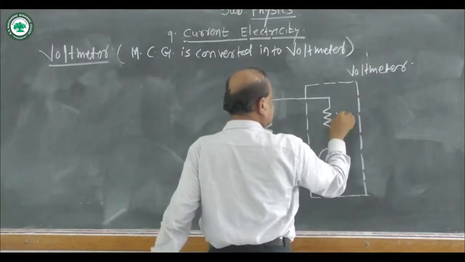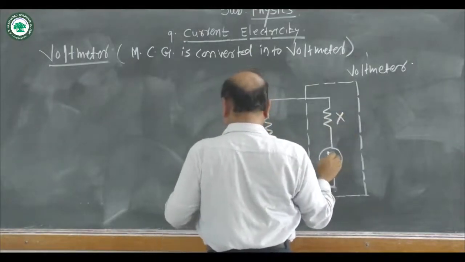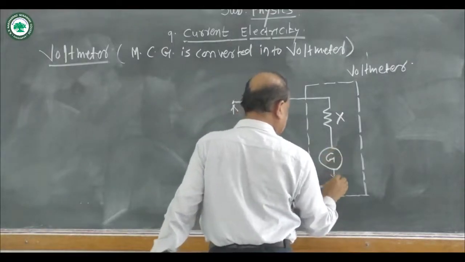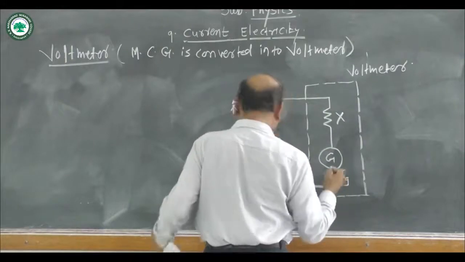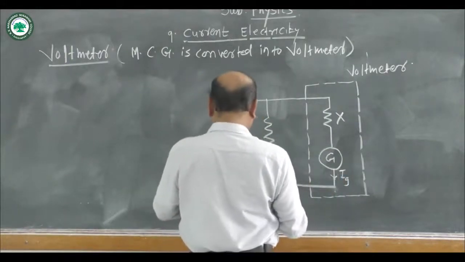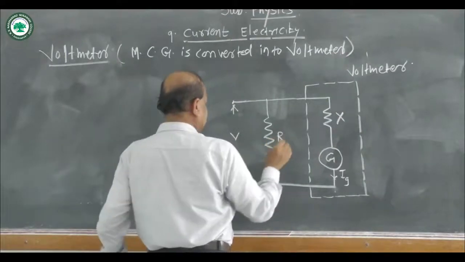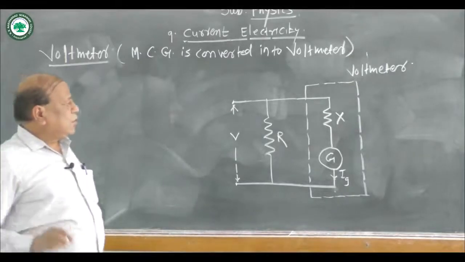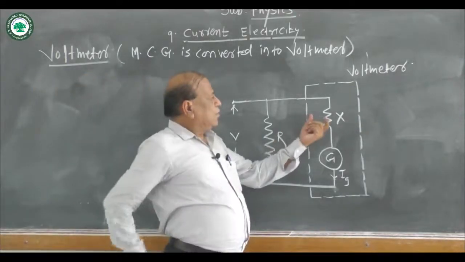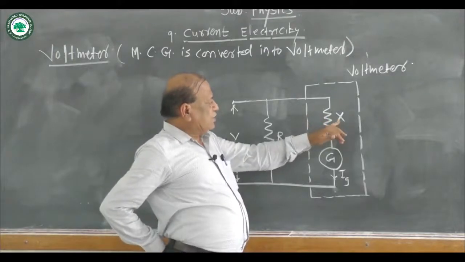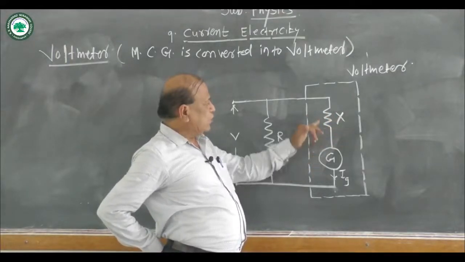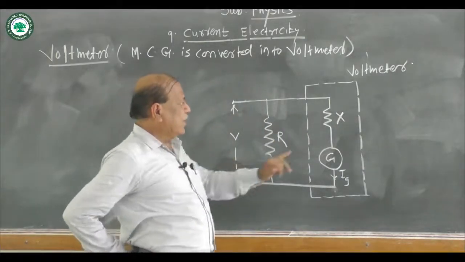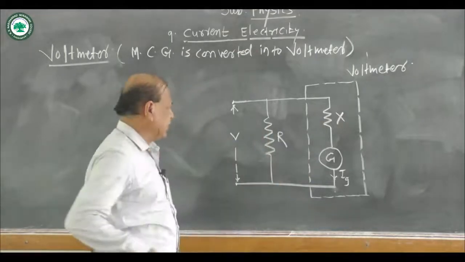Resistance here is X, and the current flowing through this galvanometer is Ig. This is a resistance R here. Now when this high value resistance X is connected in series with this galvanometer, then it is converted into a voltmeter. We have to find what is the value of X here.